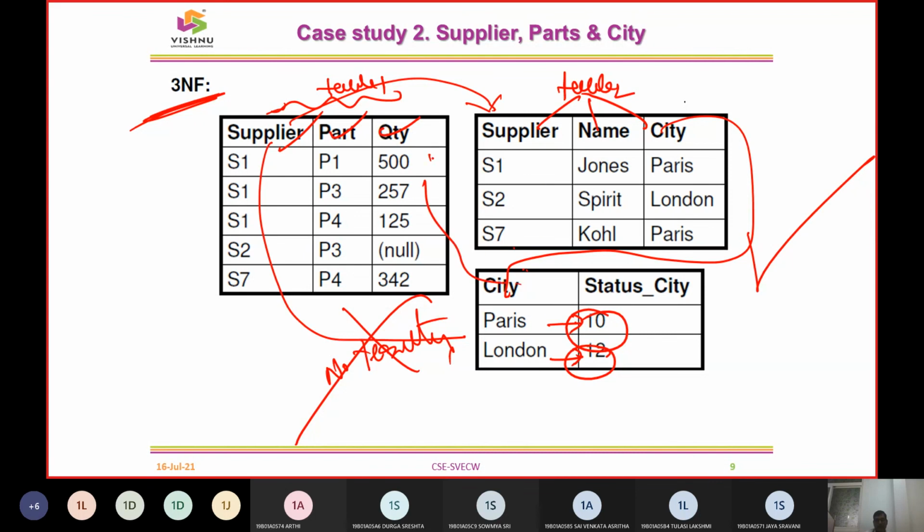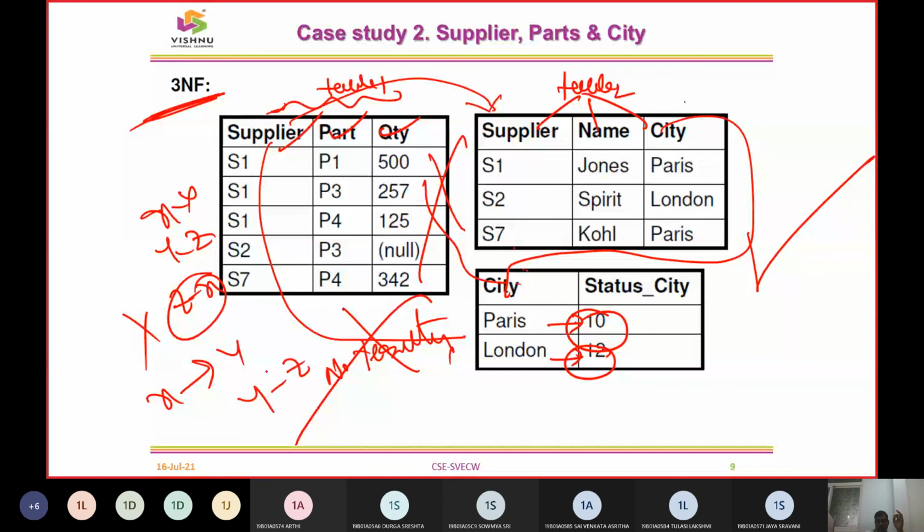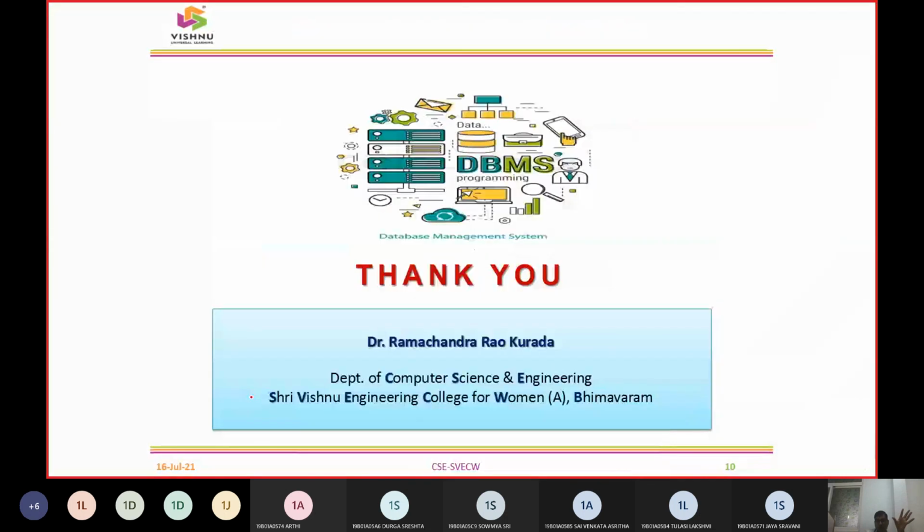Then city to this table, again there is a wrong relation. So now you should understand, I am going to have some x to y, y to z and z to x. So altogether we are breaking up this chain. We have just x to y and y to z. So there is only one commonality. There are no multiple commonalities among the tables. That is how it is going to execute with the third normal form.